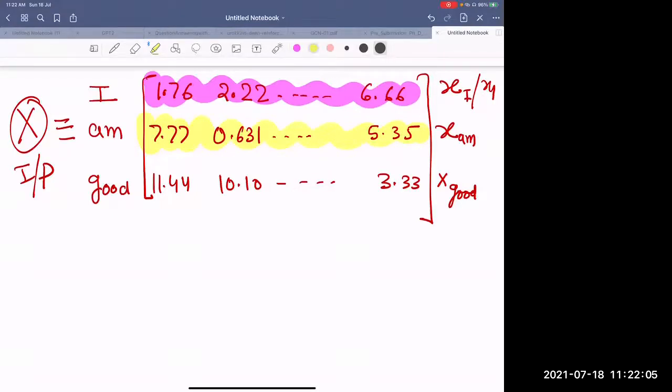But right now this is just plain, simple embedding, which has some value related to I, related to am, related to good. What are the columns? Rows, I understand, are for each word.